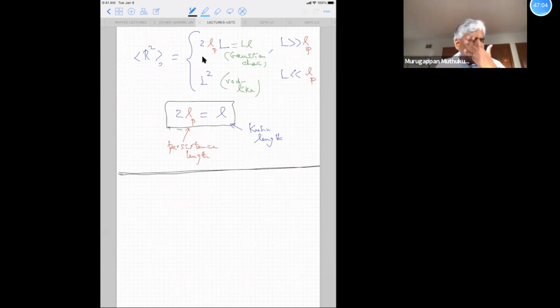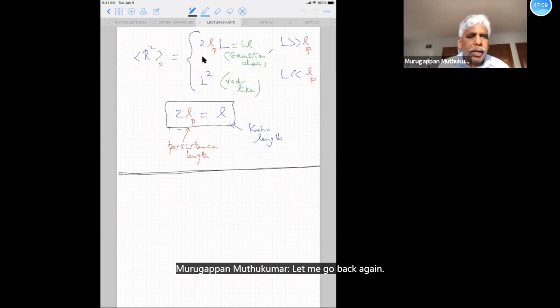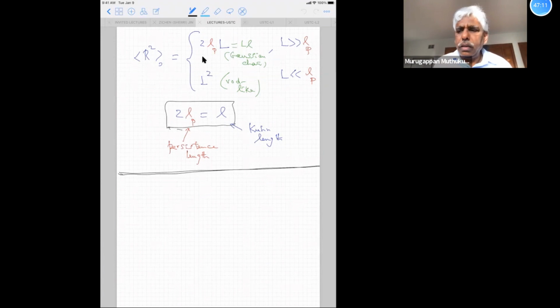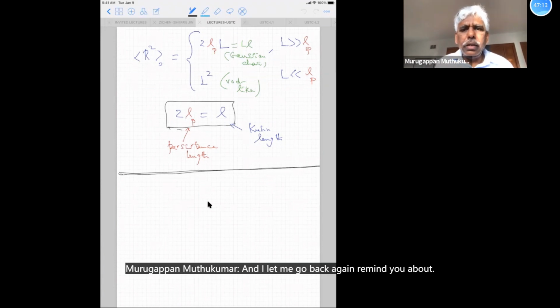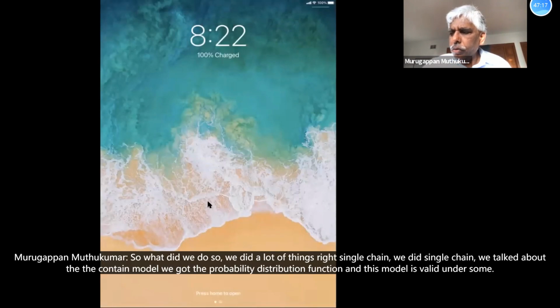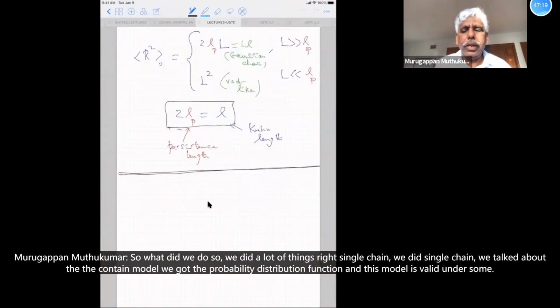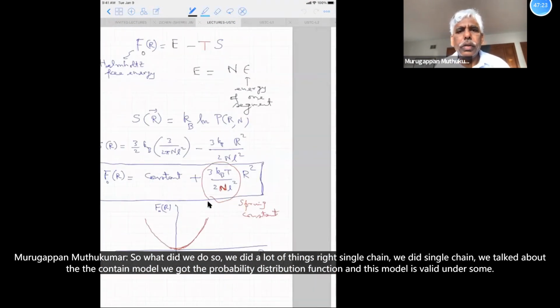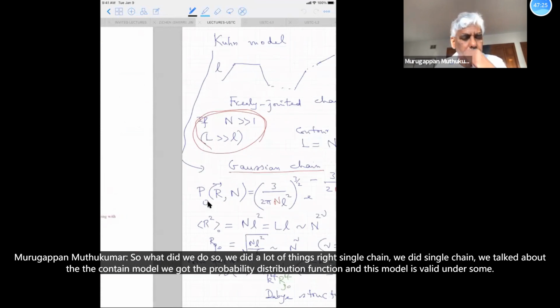Okay, so let me go back again and remind you, what did we do? We did a lot of things. We did single chain. We talked about the Kuhn chain model.